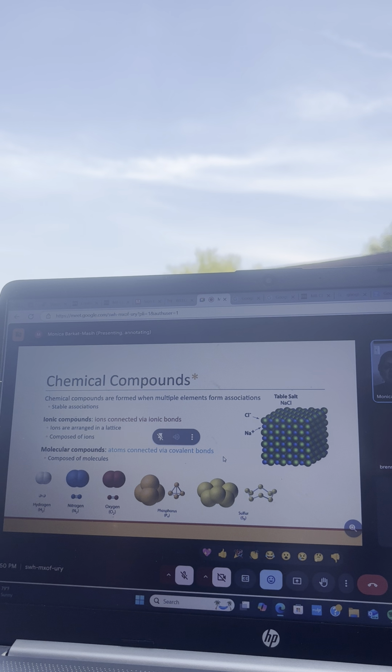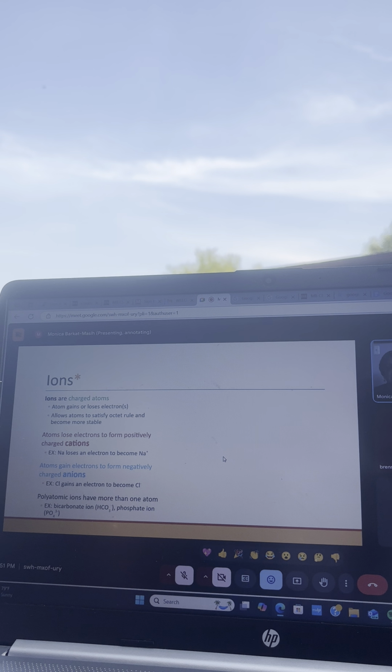So the kind of bond between these two is the ionic bond, where one donates and the other one receives. Molecular compounds are where you have the electrons which are shared. So that is covalent bonds.